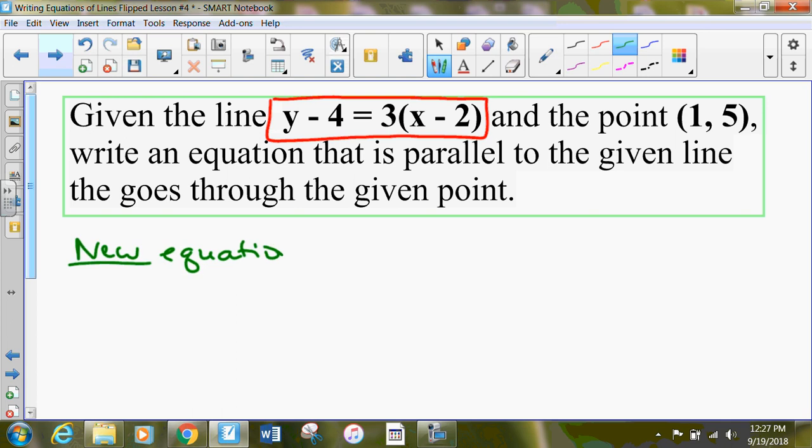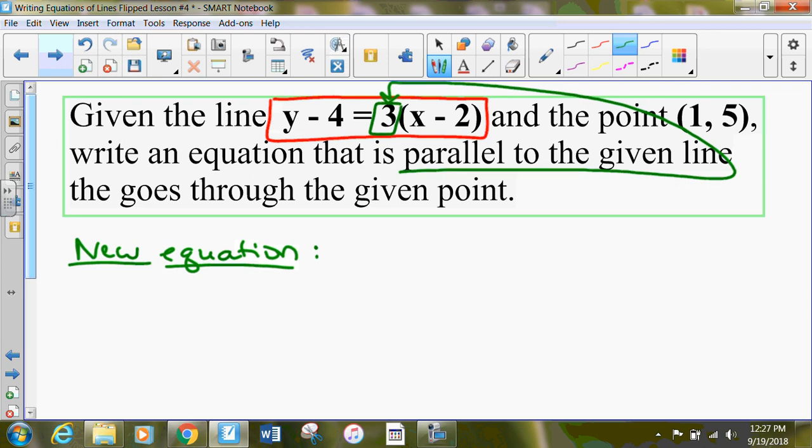We need to find both the slope and the y-intercept. Well, they gave us the slope, right? Our new equation is parallel to the given line. That means our new equation has 3 for the slope. Our new equation also has the given point, 1, 5.